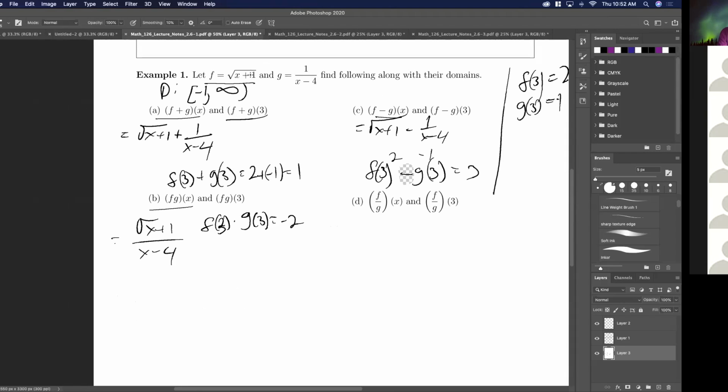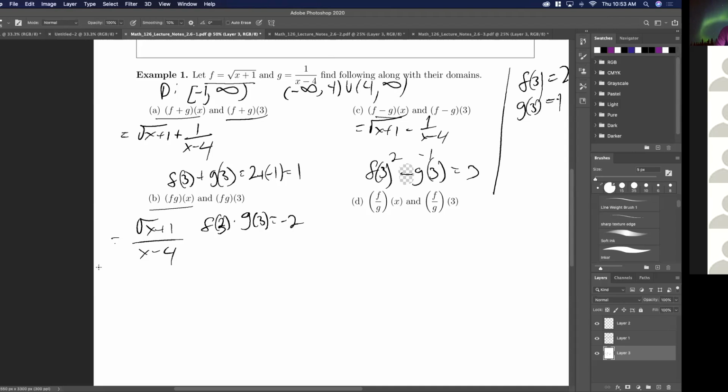And so x can be negative 1. The domain of g can be from minus infinity to 4 union 4 to infinity. Because I'm not allowed to use 4, because when I get 4 here, I have a 0 on the bottom. So that's the domain here.